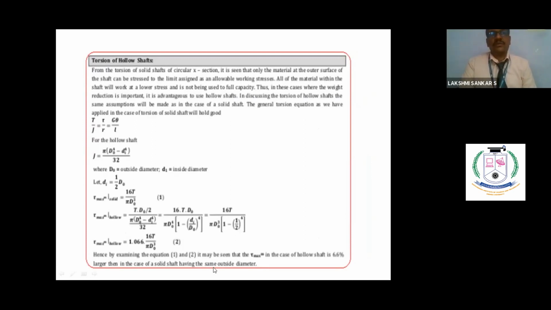The hollow shaft we will use where more space is there. Solid shaft we apply where less space is there. But if you apply a hollow shaft with very less weight of shaft material, you will convey the same torque as you want. That is a very interesting point. So we have to use hollow shaft wherever it is convenient.